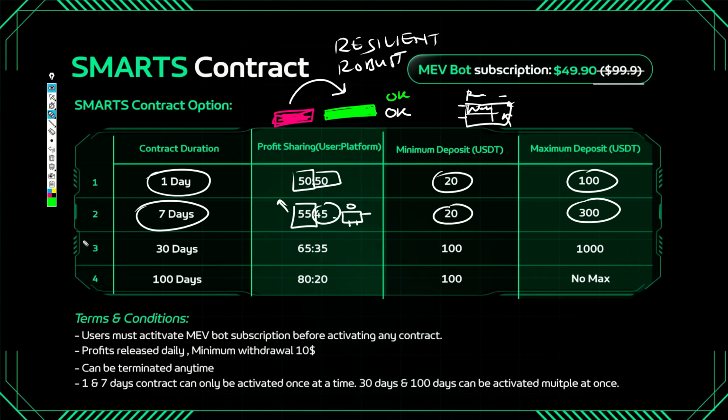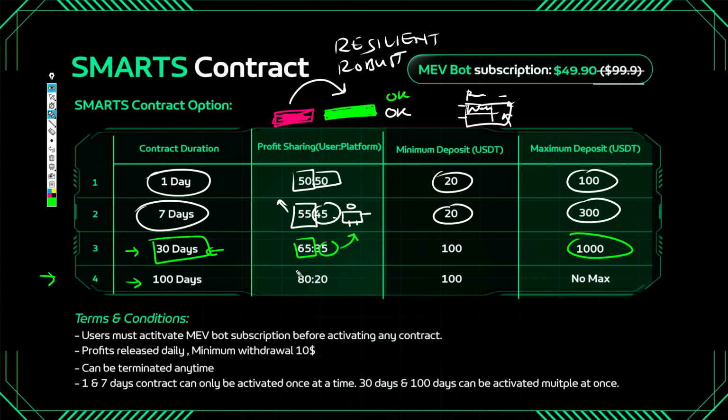Now I'm sold. I'm going to go the whole 30 days because I've got some bills to pay, and with my $1,000, I expect to get a good return. 65% is mine. 35% goes to the bot. I'm happy about that. Now 30 days is over, I made some money, and I say, now I'm going to go longer. The longer the better. The majority of us are doing 100 days because we know the value.